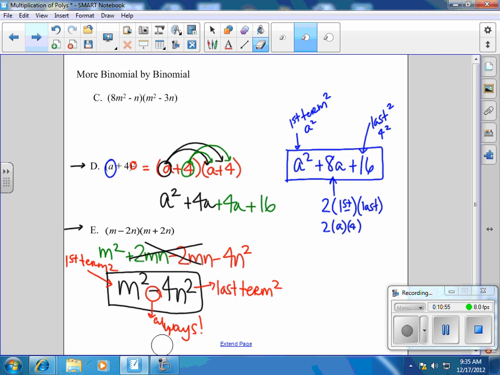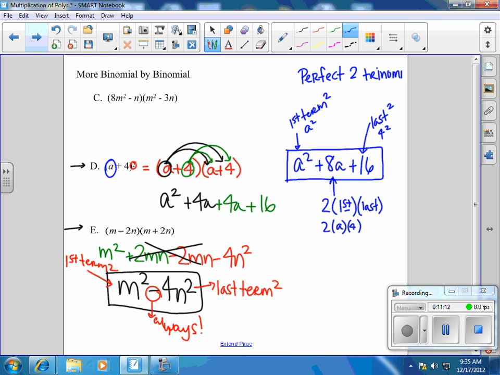Because in order for something to cross off, one of your things had to be positive, one had to be negative. So this blue one up here, this is called a perfect square trinomial. And this one down here is another one that we just need to remember when it comes time to factor.